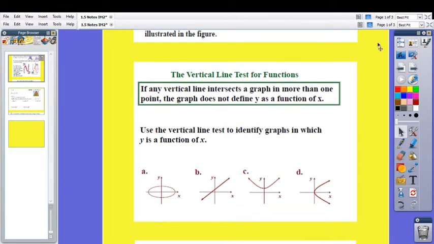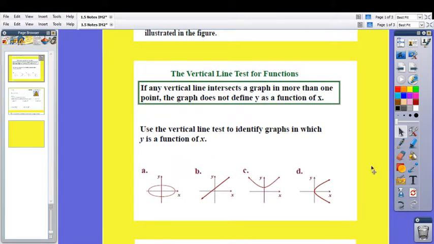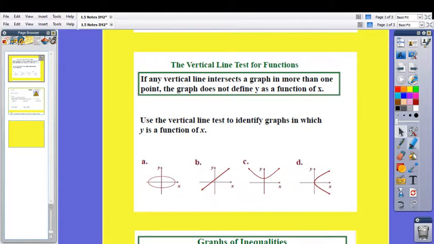There is one more way to find out: you hold your pencil vertically and you go through the graph, and if it is passing through more than one point, then it will not be a function. But when you are moving your pencil vertically through the graph and only one point is passing each time, then it will be a function. So it's called the vertical line test.